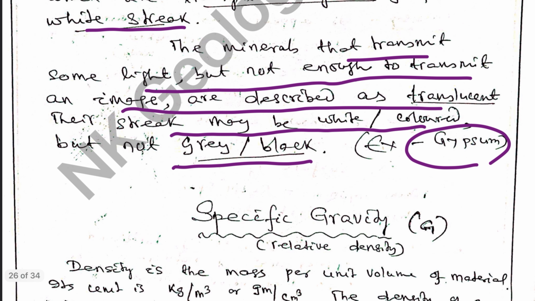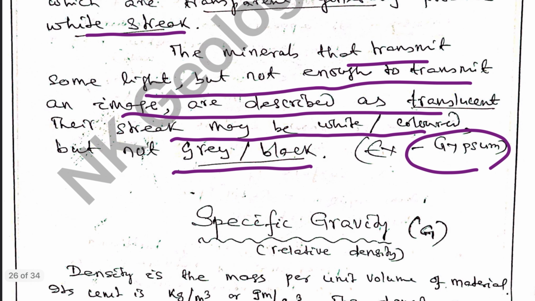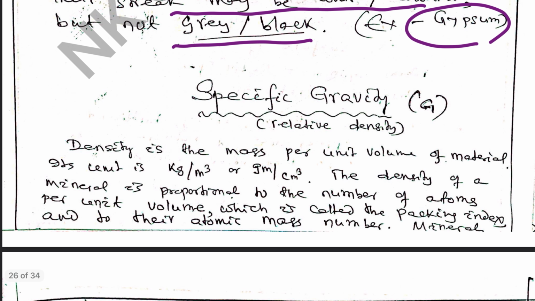So, these are the terms which are based upon light transmission capacity of the minerals. They are opaque, transparent and translucent. Now, let us discuss what is specific gravity or density of the minerals, because that is also one important factor.